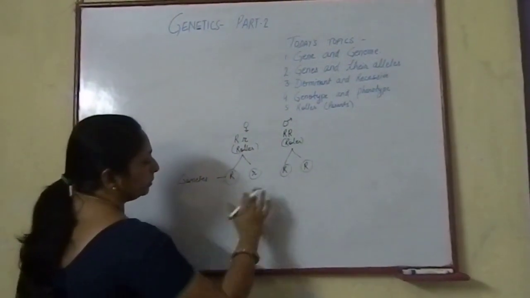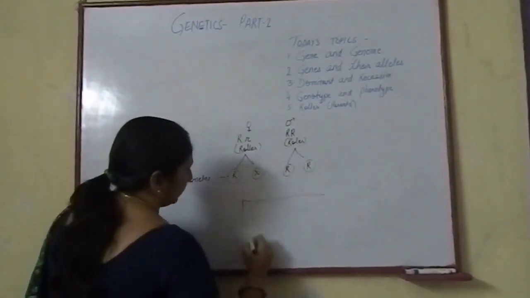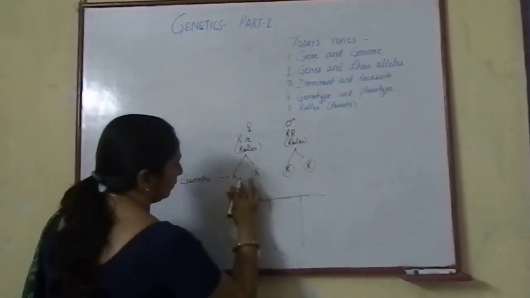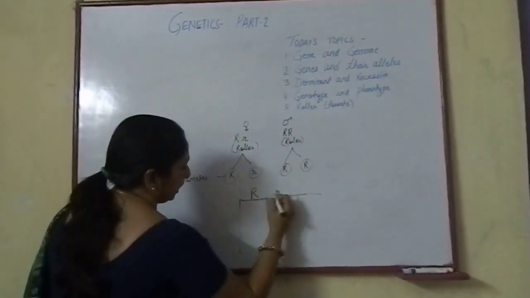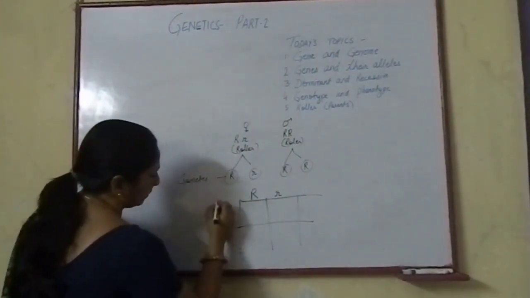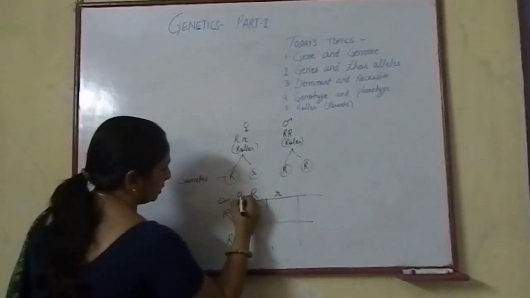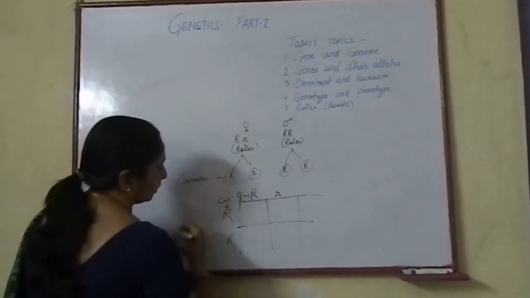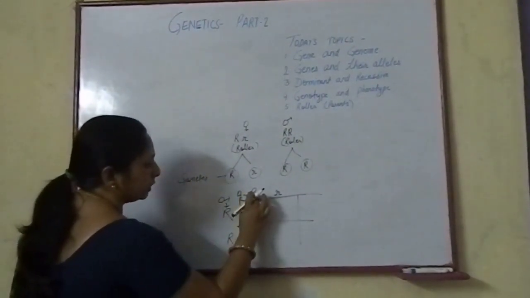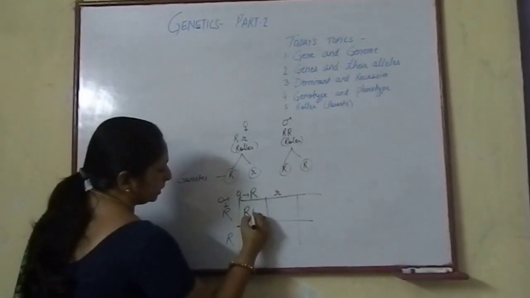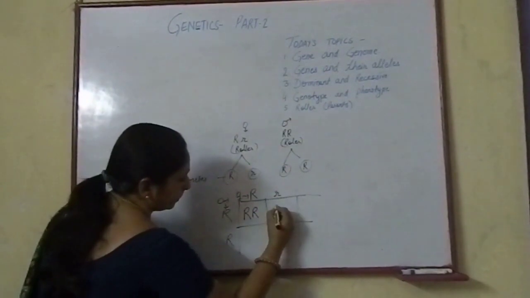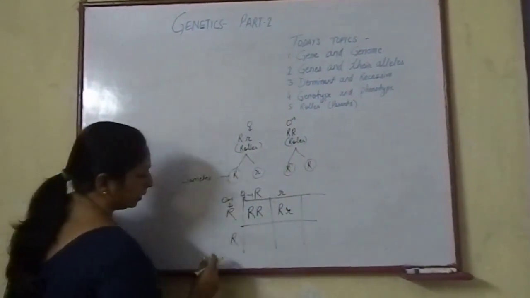Now when we are making the Punnett square like this, on one side we take the female characters and on the other side the male. Now when the gamete of male fuses with the female, the first is capital R and small r, then capital R and small r again.